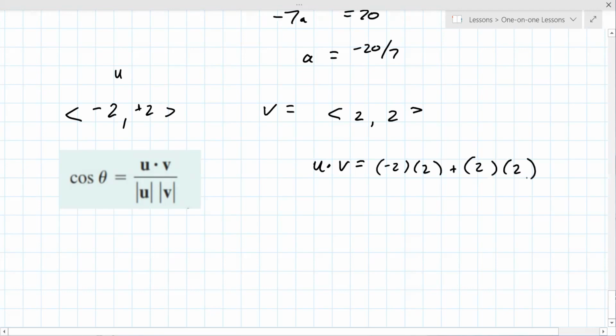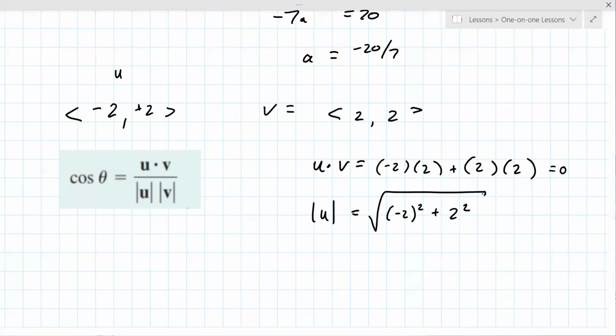Now dot product can definitely be 0. And you might think, well, that's strange. Well, let's just carry it out. What's the magnitude of u? It's -2 squared plus 2 squared, square rooted. So square root of 4 plus 4, so square root of 8.